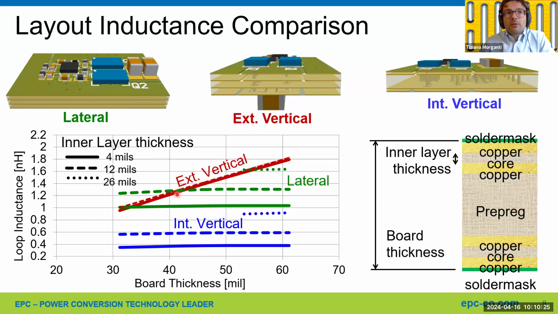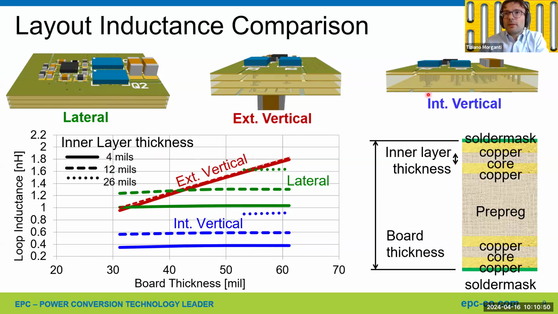The external vertical layout is dependent on the board thickness, and it can provide parasitic inductance above 1 nanohenry. The internal vertical layout, with a very thin insulation layer between the top and the return of 4 mils, has a parasitic inductance of around 0.4 nanohenry.